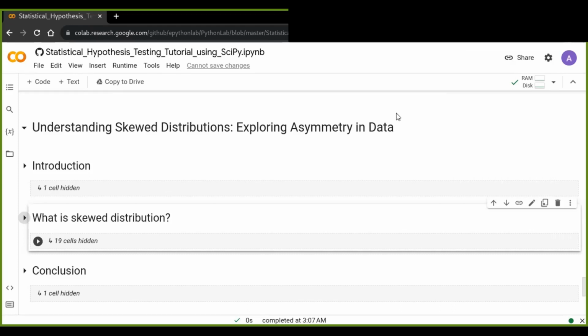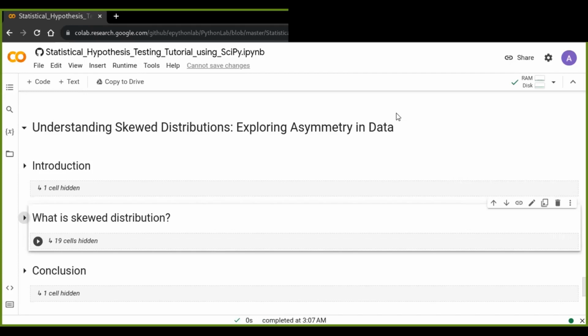Skewed distributions provide essential insights into the asymmetry of data points, revealing patterns that might not be apparent at first glance.